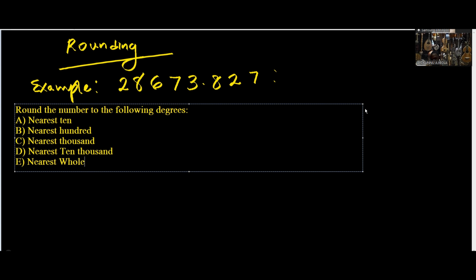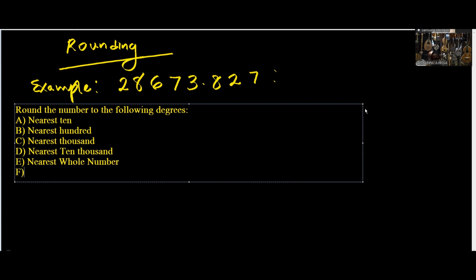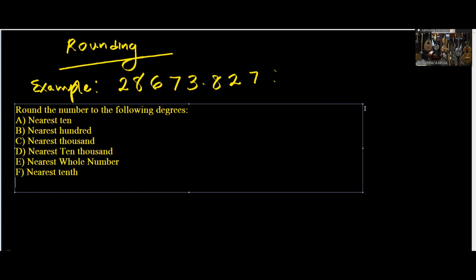Option F, nearest tenth. Option G, nearest hundredths.